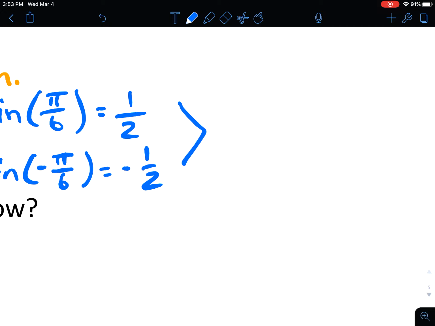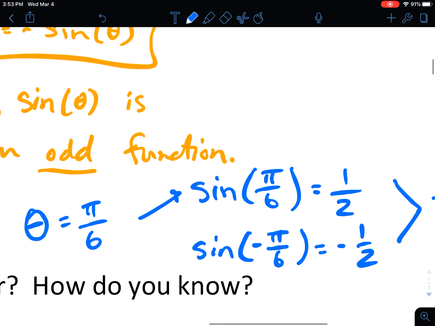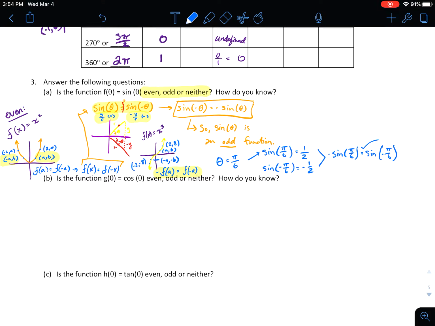And so we can see that negative sine of pi over 6 is equal to sine of negative pi over 6, which confirms the fact that sine is an odd function. That's pretty cool. I feel good about that. Look at all those colors.